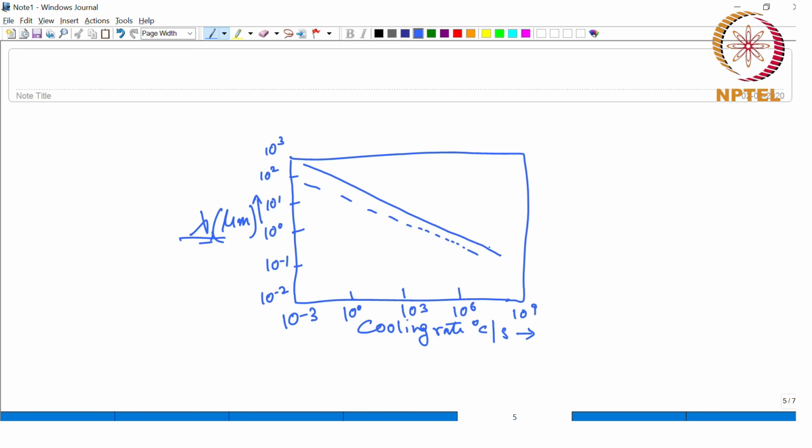So, that is the first parameter that you can talk about, or the first controllable parameter that you can tweak or control to control the microstructure to make it finer, right.